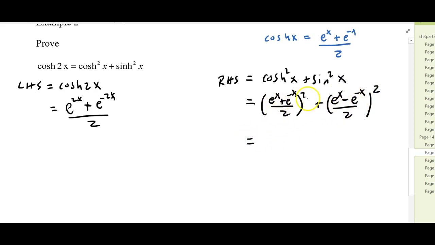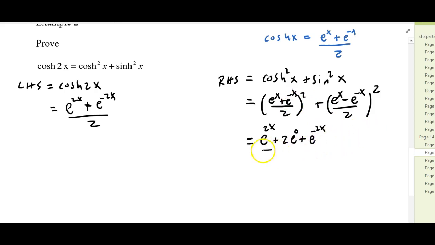All right, so now you're going to multiply all this stuff out. So e to the x plus e to the negative x squared, remember from before with that other one I showed you, the formula I just erased, we're going to square the first term, so that's e to the 2x, plus 2 times the product of e to the x times e to the negative x, e to the 0, that's fine, I'll write that. And then plus e to the negative x squared, that's just going to be e to the negative 2x, correct?